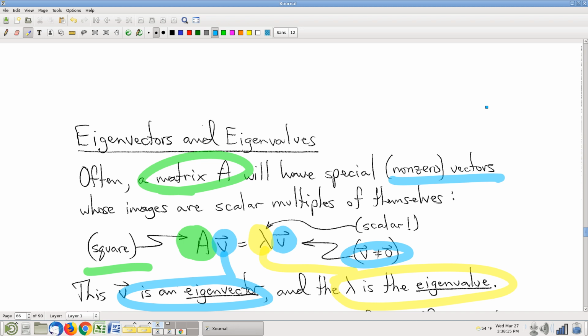It's just always going to work. Even worse, if you were to think of 0 as an eigenvector, every real number would be an eigenvalue. That's very anomalous and weird, so we do throw in this requirement. When we talk about eigenvectors, what we mean is a non-zero vector that has this property.